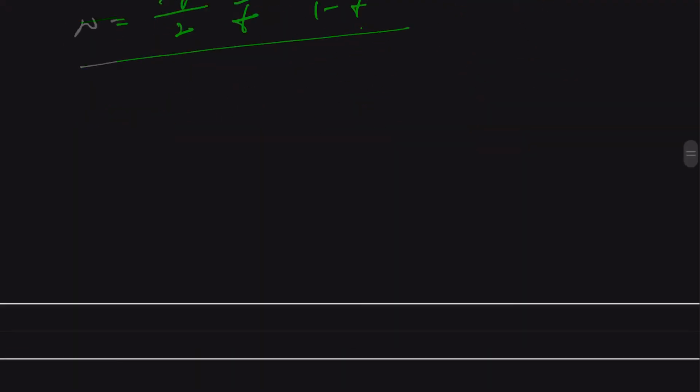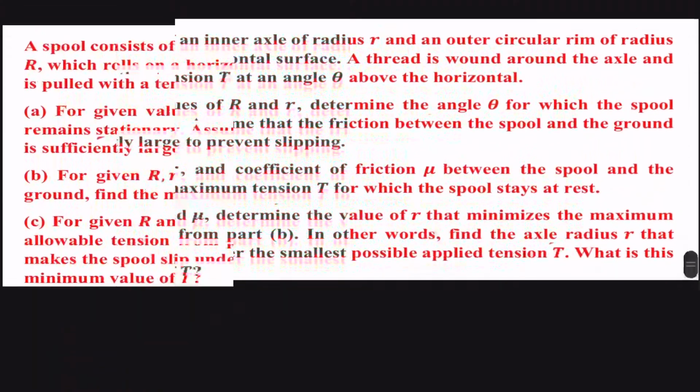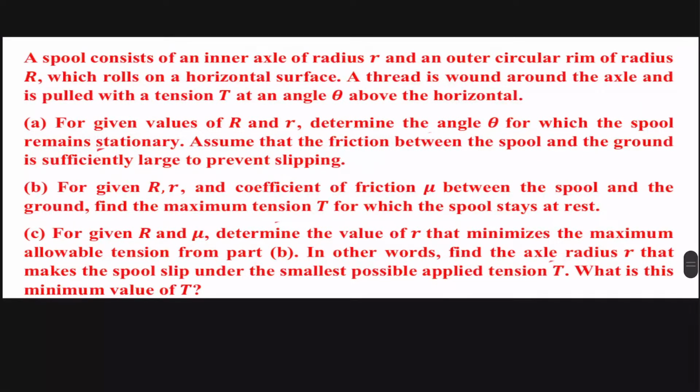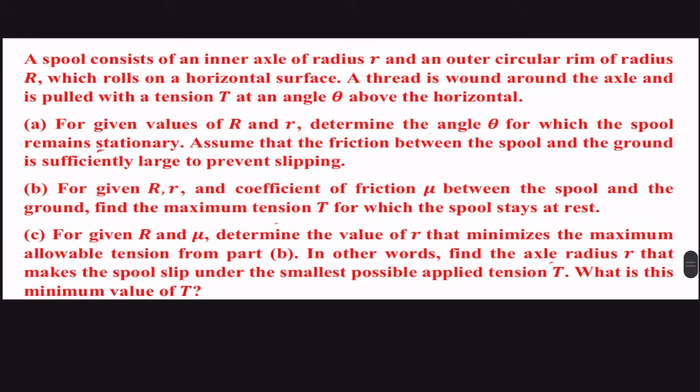And next question. It states that a spool consists of an inner axle of radius r and an outer circular rim of radius capital R, which rolls on a horizontal surface.